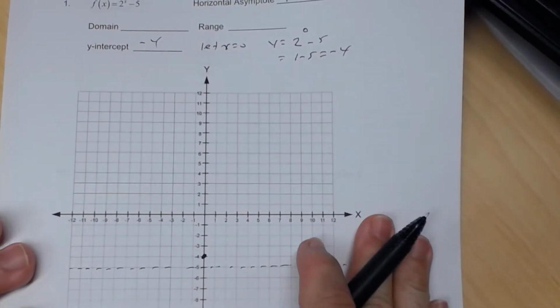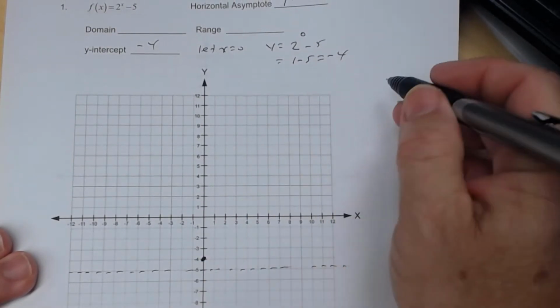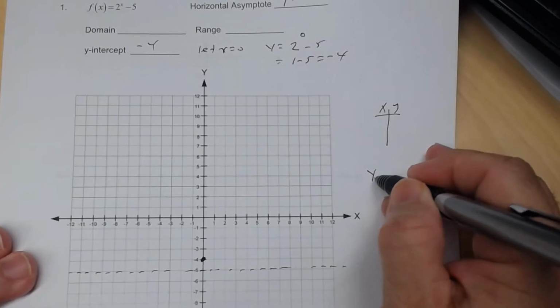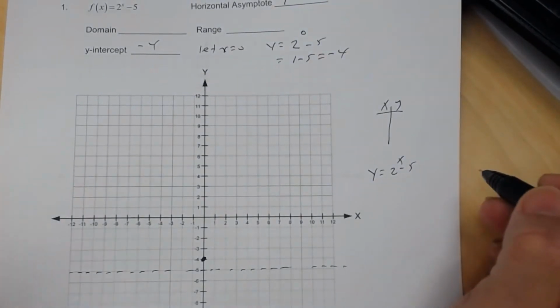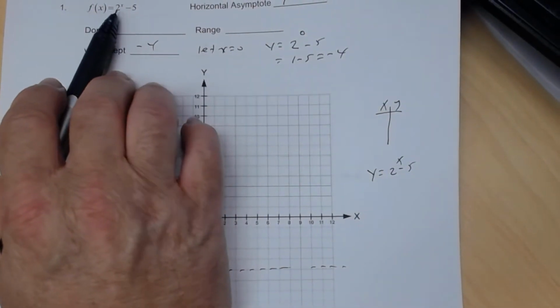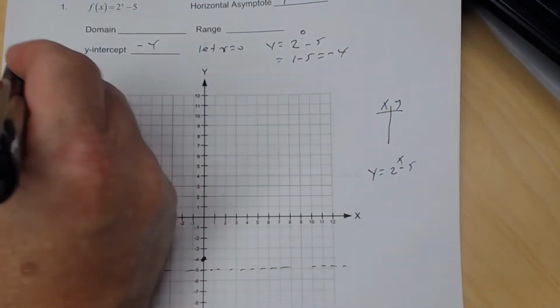All right, I need 2 more points. So we use a t-table. And we have y equals 2 to the x minus 5. Okay, so notice we talked about the fact that the base is 2.